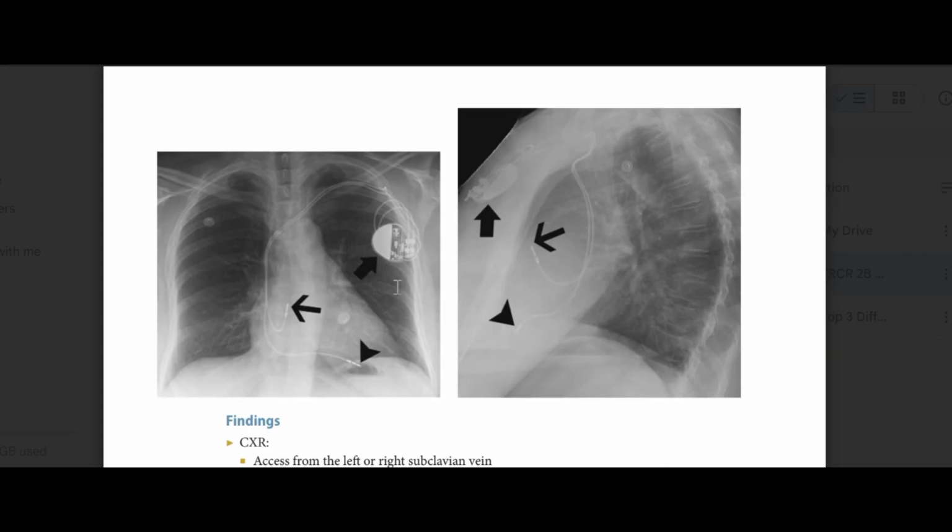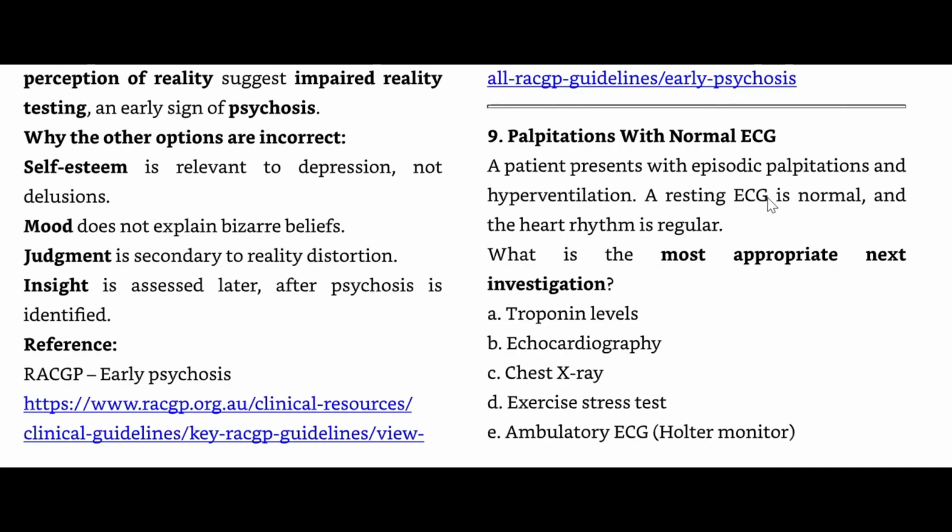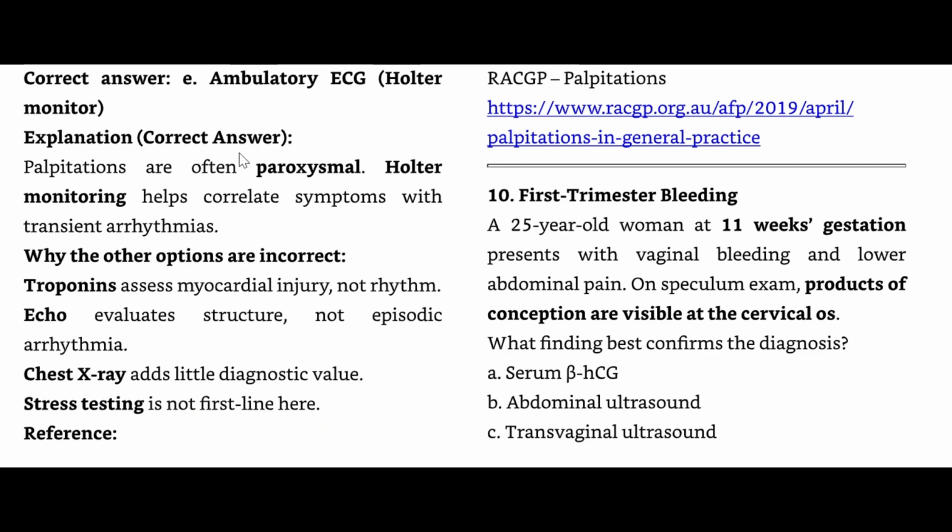So the pacemaker placement is the mainstay treatment to treat the arrhythmia. However, the resting ECG and the ambulatory ECG or Holter monitor are the mainstay investigation, the most important investigation.